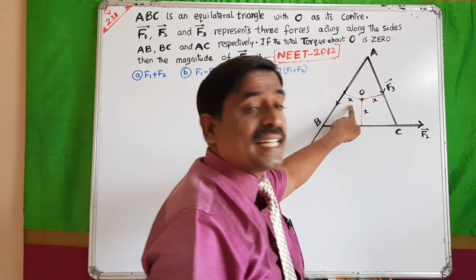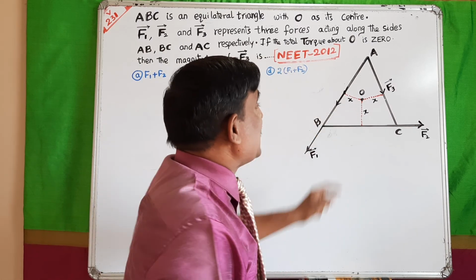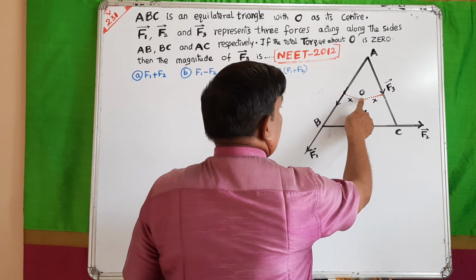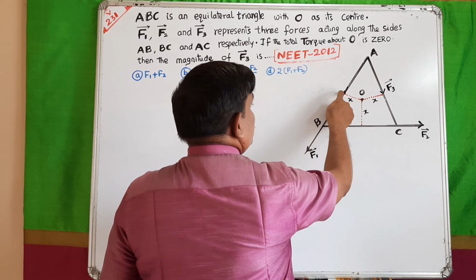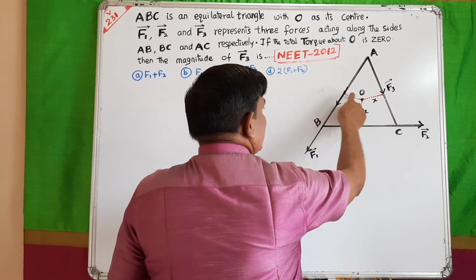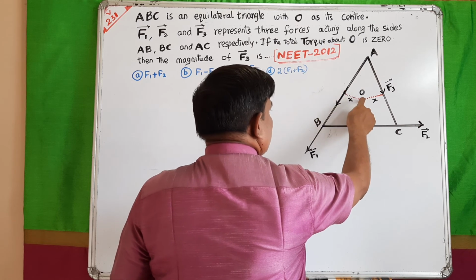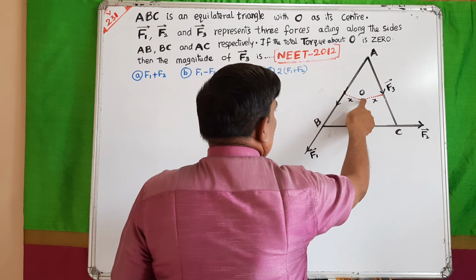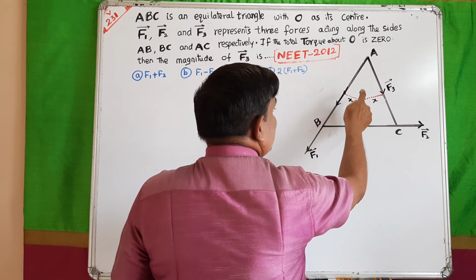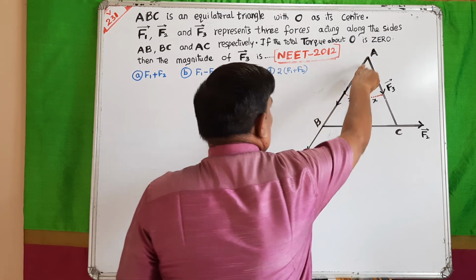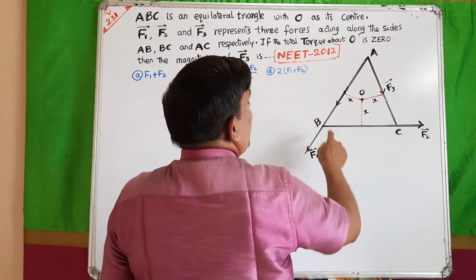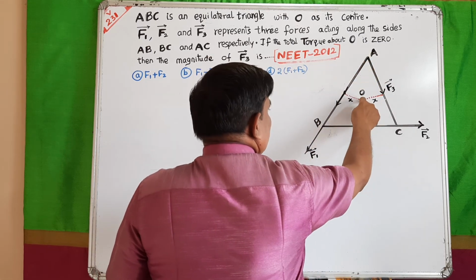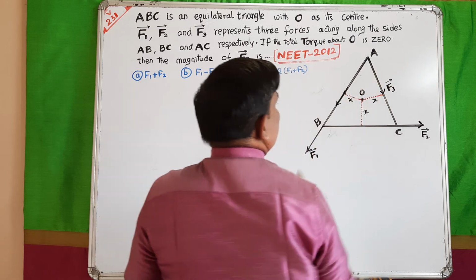x represents the perpendicular distance from the center of the triangle to the side of the triangle ABC.